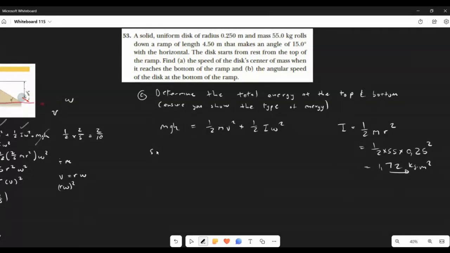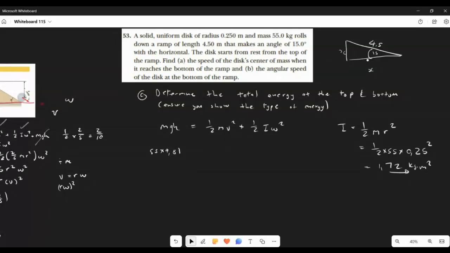So over here we have 55 times 9.81. And we need to find the height, right? Is this correct? So we know this is 15 degrees. We know the length is 4.5. Okay, so therefore we need to find that.